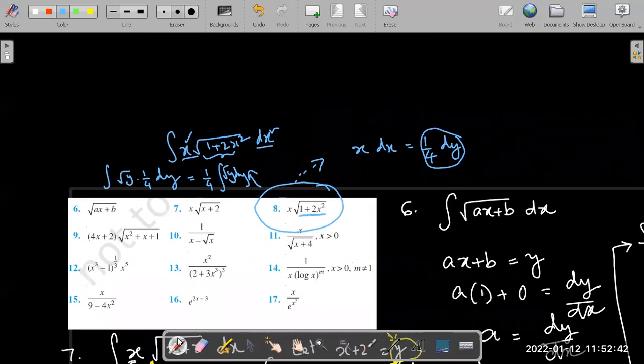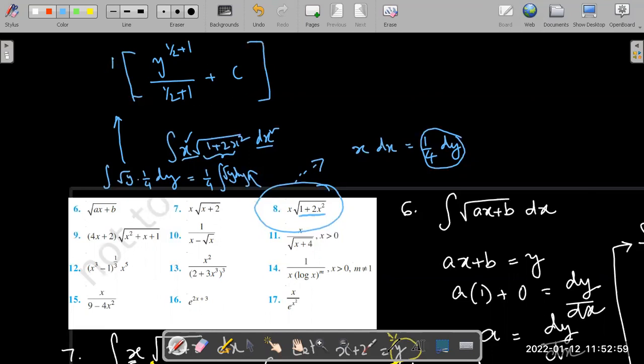You do y to the power of half plus 1 divided by half plus 1 plus c, but you got 1 by 4 outside, right? So this will give you 2 by 12 y to the power of 3 by 2 plus c.